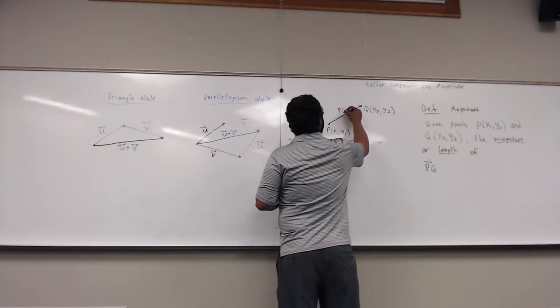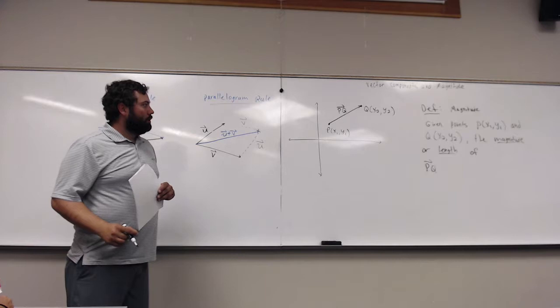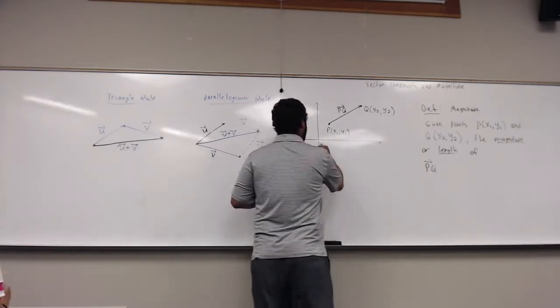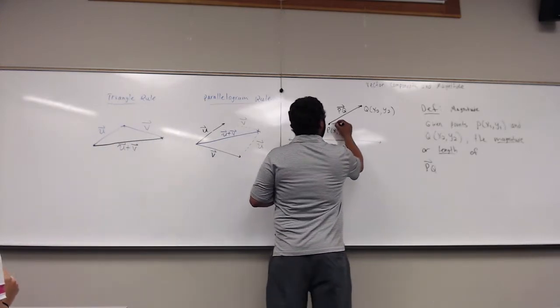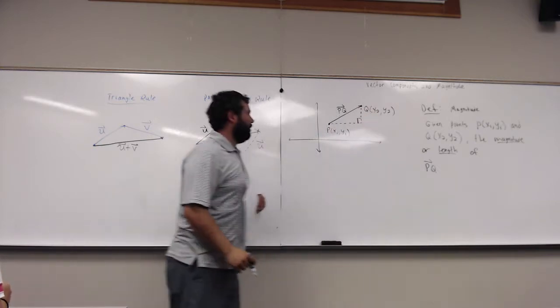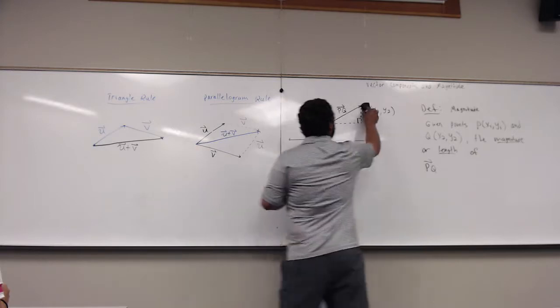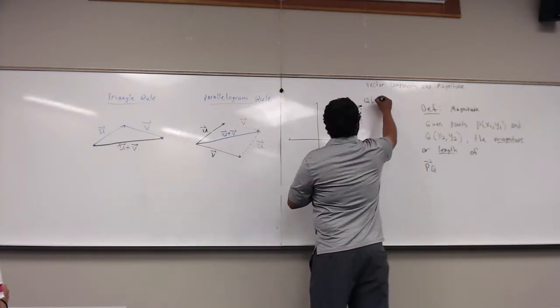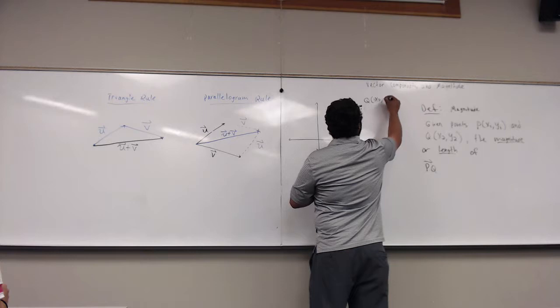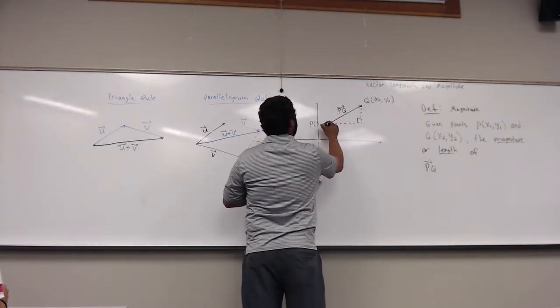And then this would be the vector starting at P and finishing at Q. And then if you like, you can draw in this little right triangle that'll help you see what the components are. And as a matter of fact, let me move this real quick. So Q, x2, y2. Over here, you're going to have P with coordinates x1, y1.